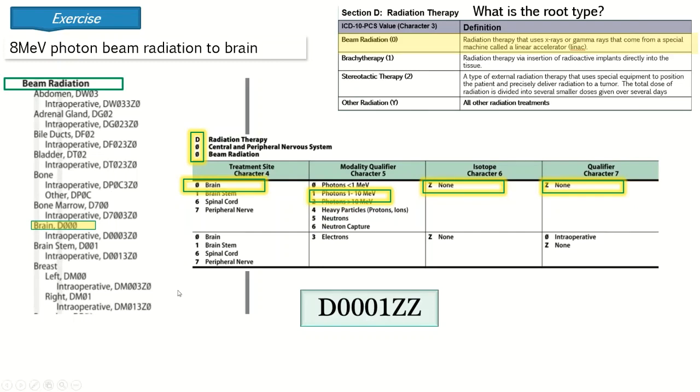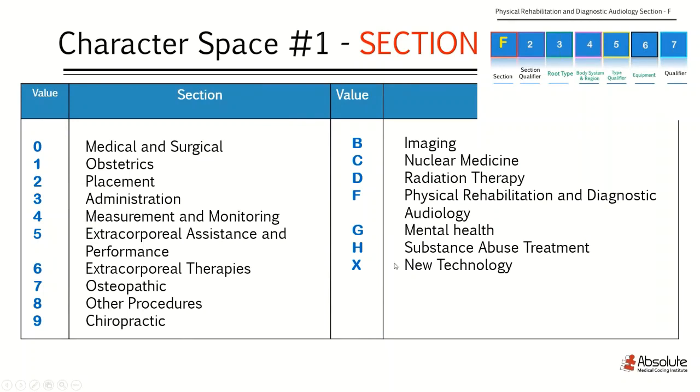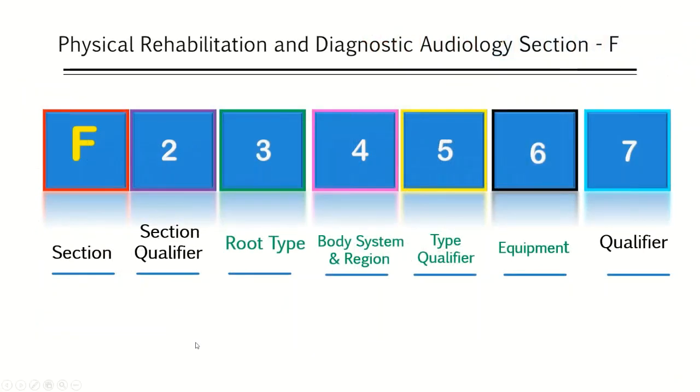All right, it's time to move on to section F. Section F is the section for physical rehabilitation and diagnostic audiology. So it's pretty much rehabilitation and diagnostic hearing tests. Okay? So there are a lot of elements under this. Let's go ahead and break this down. We've got the code.